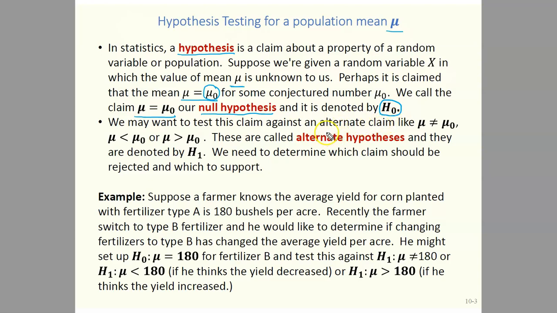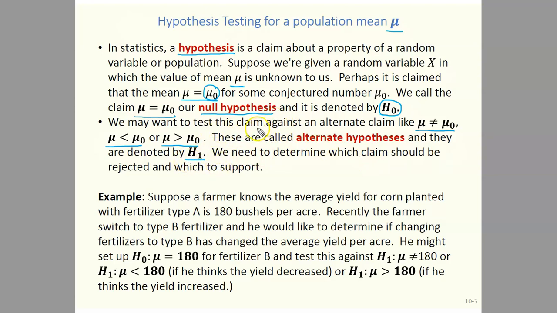Now we may want to test that claim against an alternate claim like the population mean does not equal mu naught, or the population mean is actually less than mu naught, or the population mean is greater than mu naught. Now all of these are called alternate hypotheses, and they're denoted by H1.